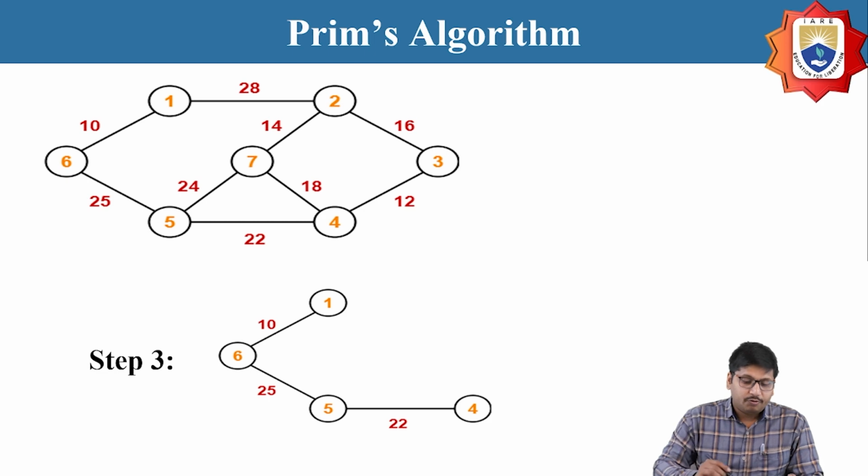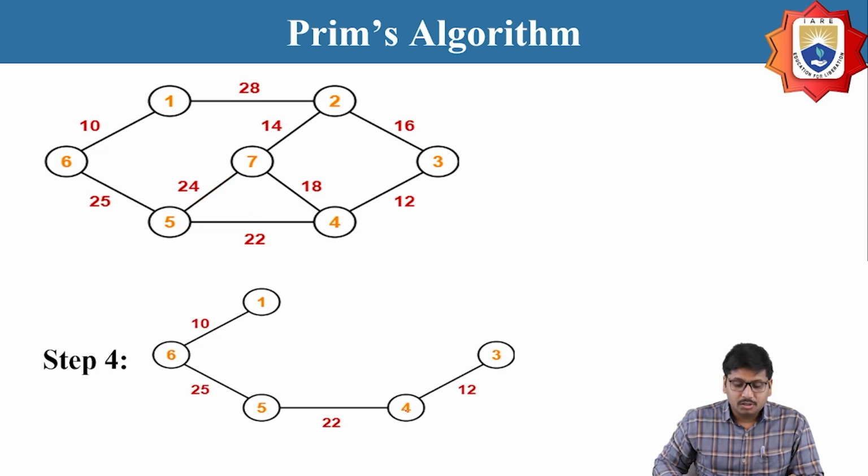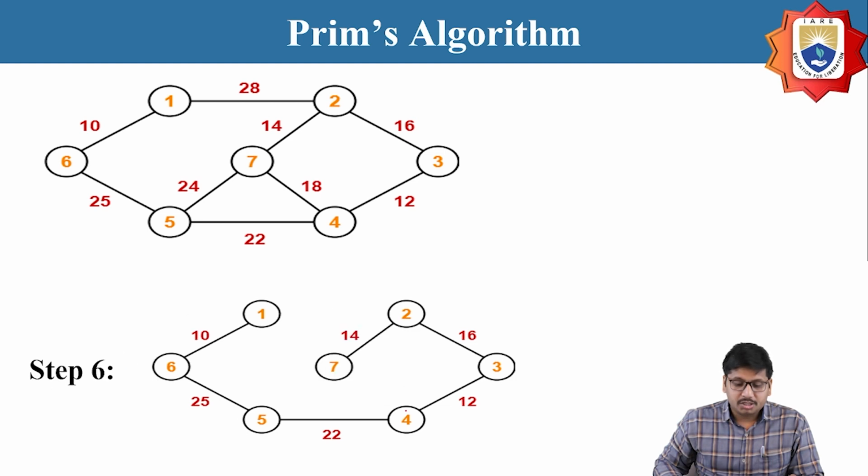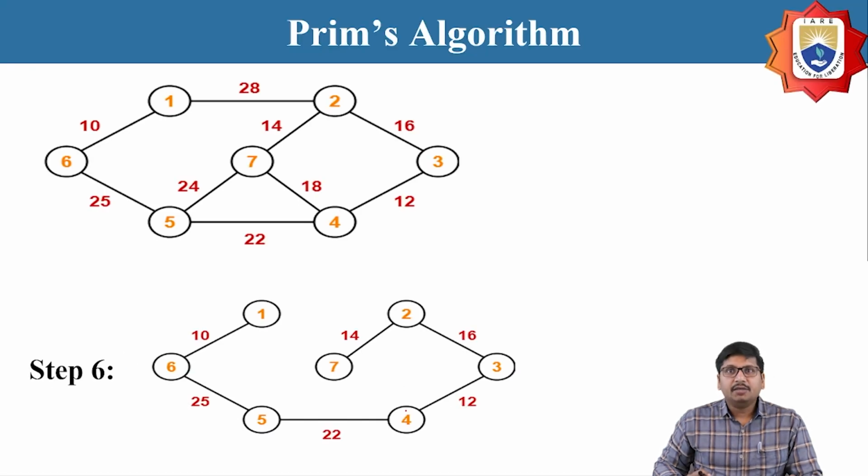I can choose 24, or I can use 22. Since it is the minimum, I selected 22 here. And next minimum is 12. And next minimum is 16. So like this, we are going to construct a minimum spanning tree by using Prim's algorithm.